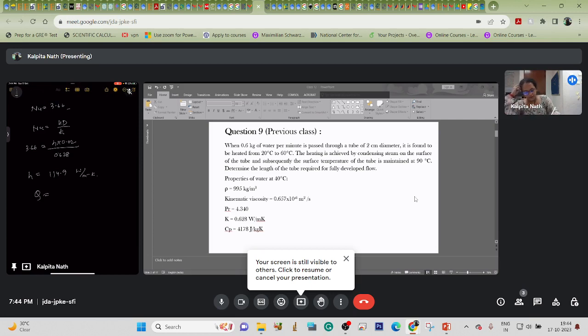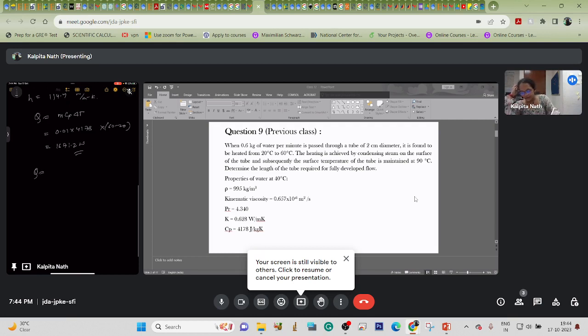The heat transfer is equal to m cp delta T. So this is 0.01 into 4178 into 60 minus 20, which is 1671.2 watt.